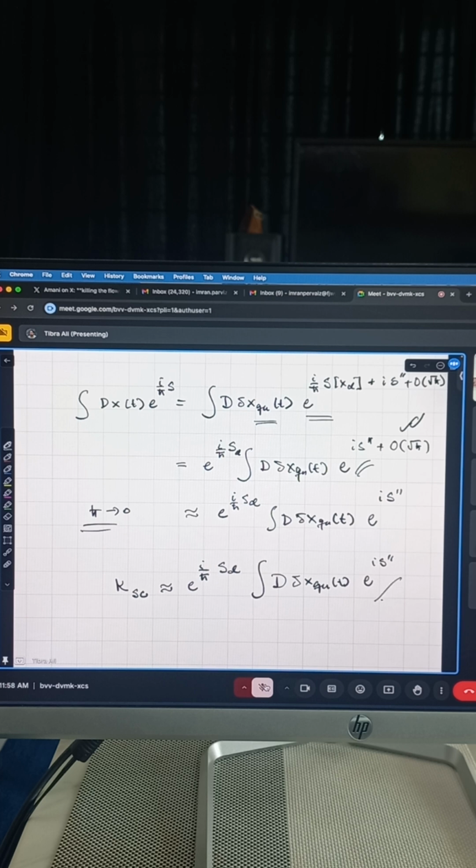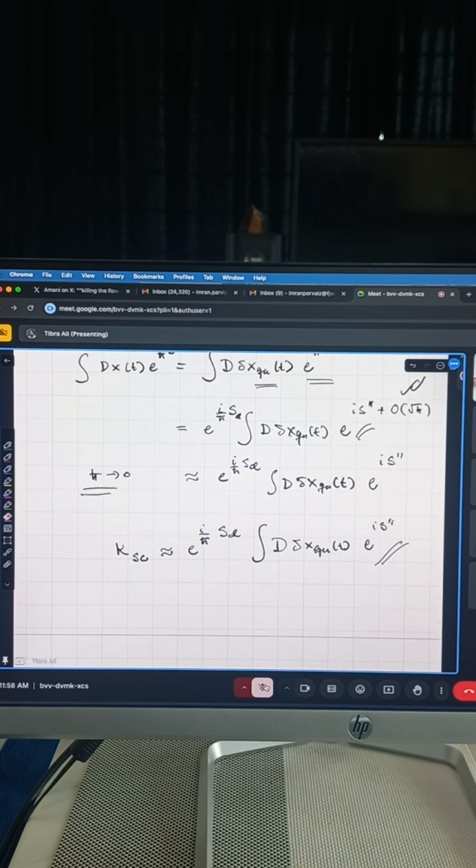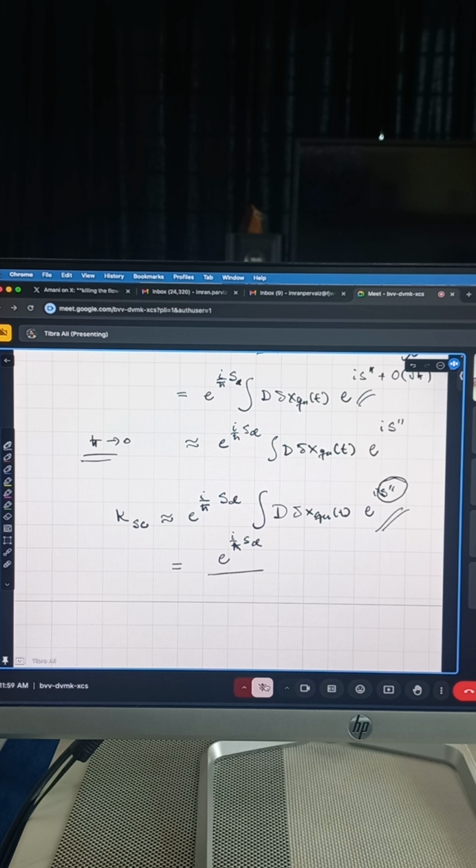We can do a perturbative expansion of this if we have a small parameter, a coupling constant, if the potential is very complicated. But this is the semi-classical limit of the path integral. Okay, so if you do this integral formally, you can show that this integral is the same thing as i over h bar S classical divided by, this happens to be an operator, an infinite dimensional matrix.